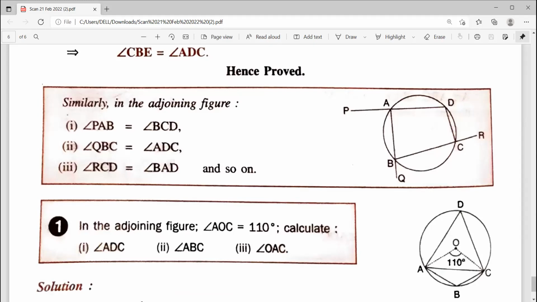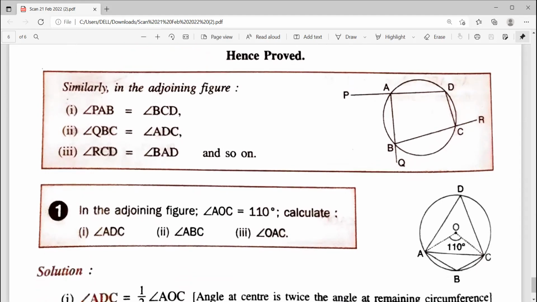Now the similar kind of idea we will derive from this diagram and statement. Similarly, in the adjoining figure, as I said, angle PAB is equal to angle BCD, the interior opposite angle. This angle is the interior adjacent angle.